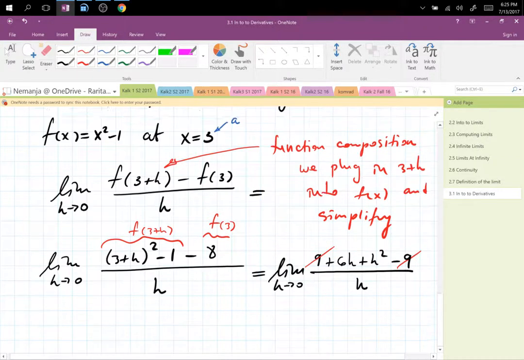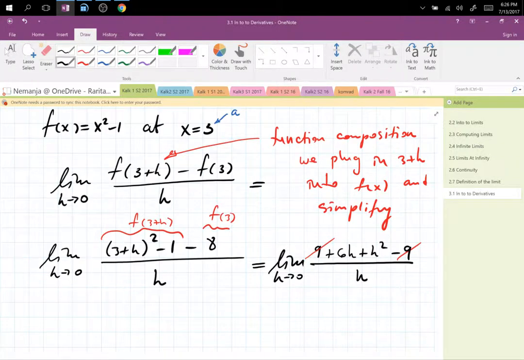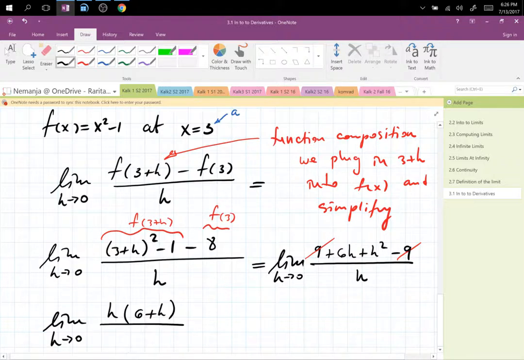And observe that you can factor out h. That is actually the crucial part. This h always factors out. So h times (6 plus h), divided by h, and then this h cancels. How much is h? Right, so we get 6 again. We have to get 6. We're doing the same problem a different way.